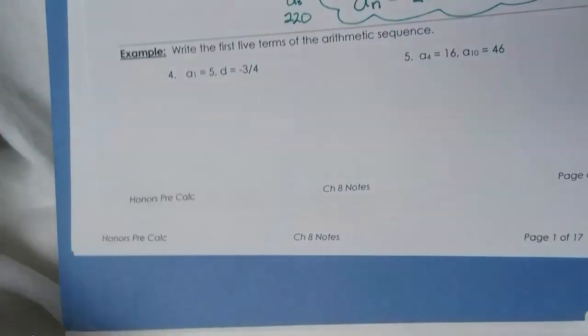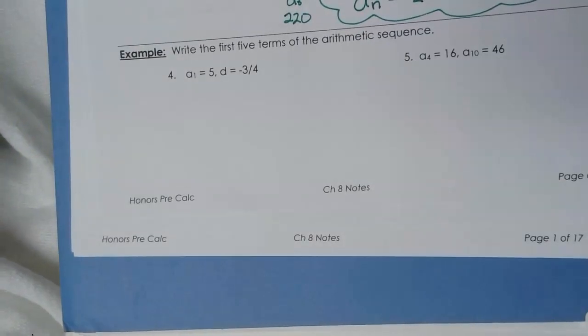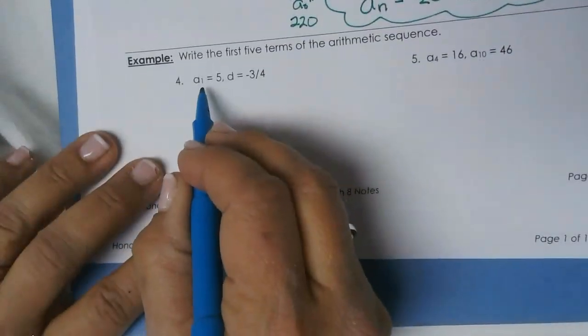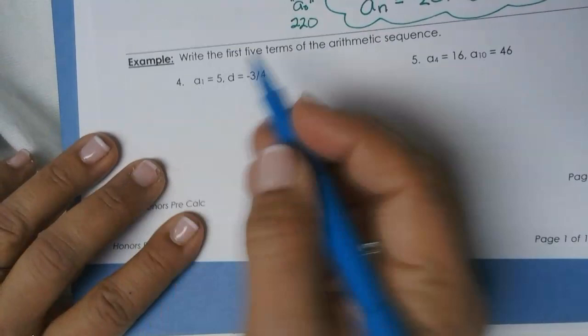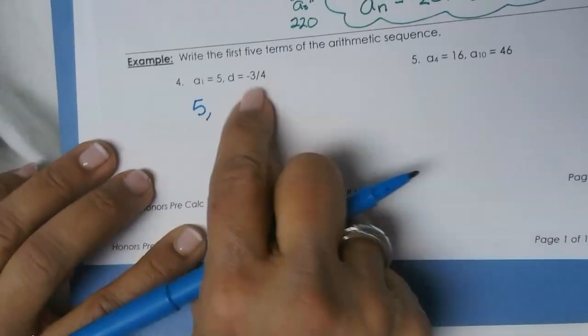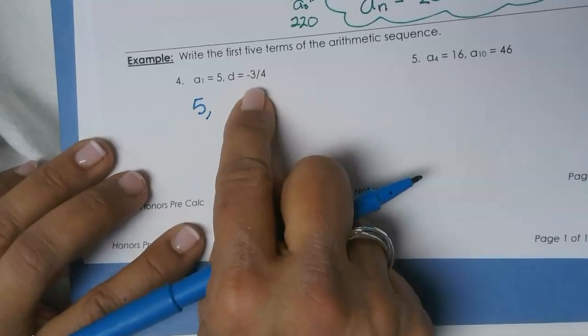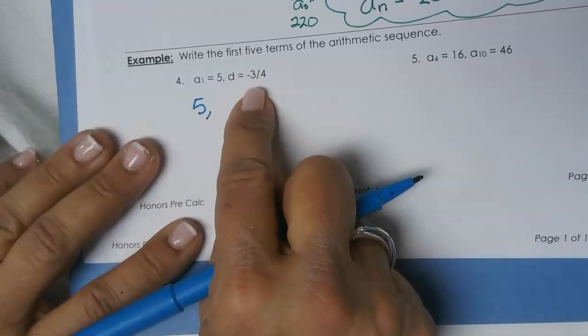The next question just asks us to write out the first 5 terms of the arithmetic sequence. That's pretty easy. We can start with a sub 1 is 5, so that's a great place to start. And then if our difference is negative 3/4, then I can just keep subtracting 3/4 to find each of my other terms.